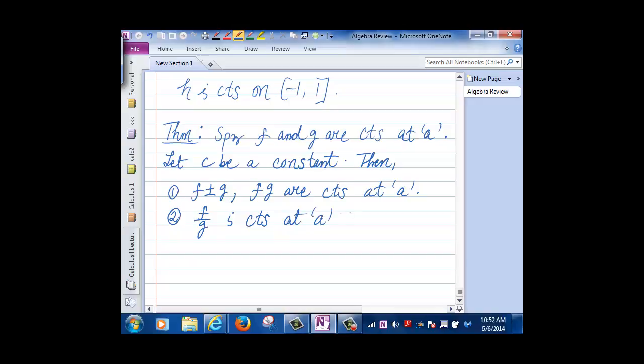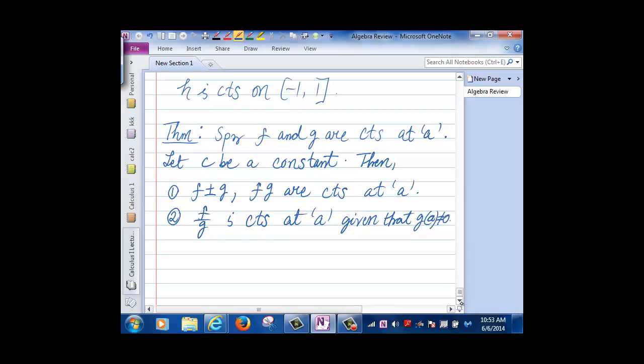However, given that g of a is not 0. Okay, so the ratio of f and g will be continuous at a as long as g of a is not 0. Is everyone okay with that?